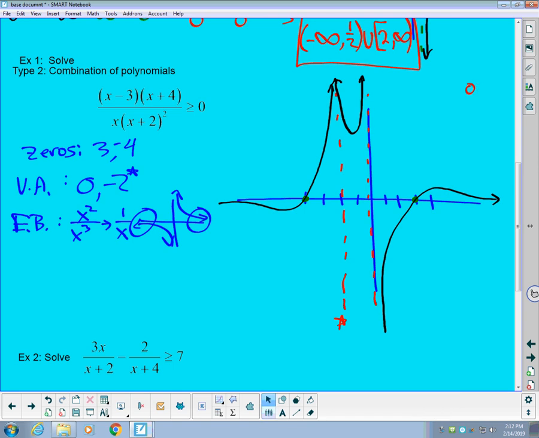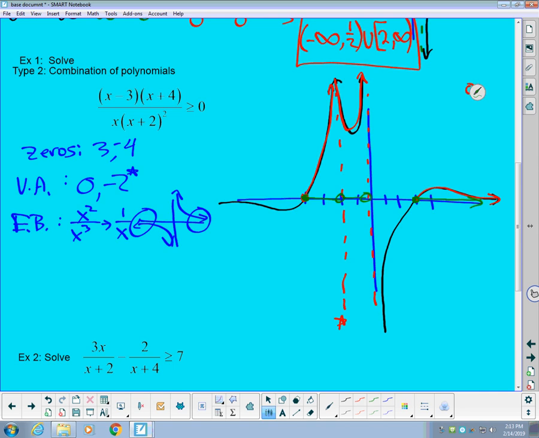We wanted to know where this was greater than or equal to 0. So the parts of the graph that I see above the x-axis or on it start here and up this way. This whole piece and then this part out there. The parts of the x-axis then are from here to here, from there to there, and then from there on out that direction.